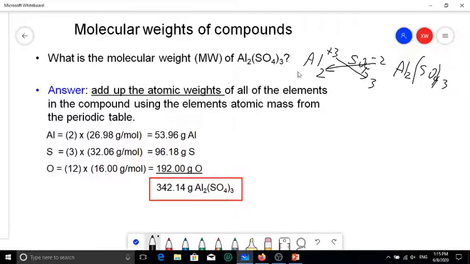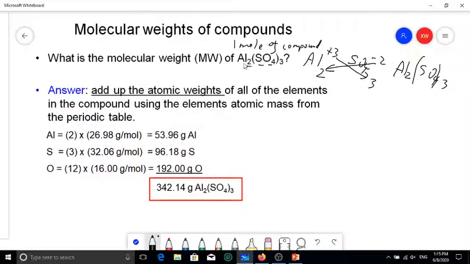Now, each one of the elements in here actually has its own molar mass. So if we are talking about 1 mole of this compound, you are looking at multiple moles of each element. There are 3 elements here: aluminum, sulfur, oxygen.